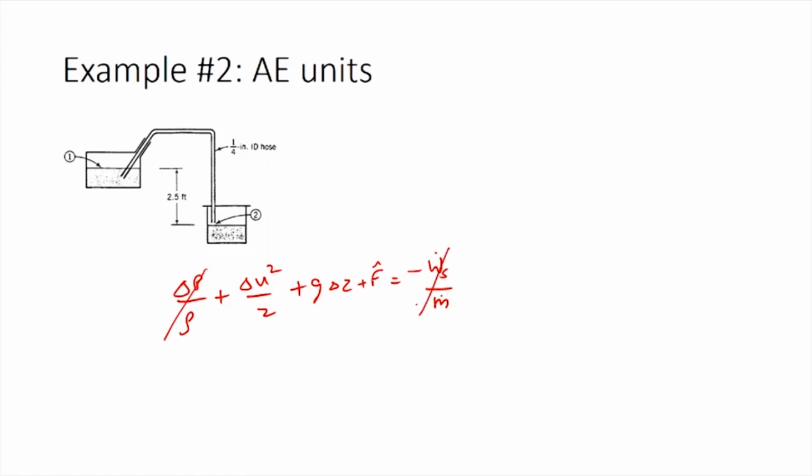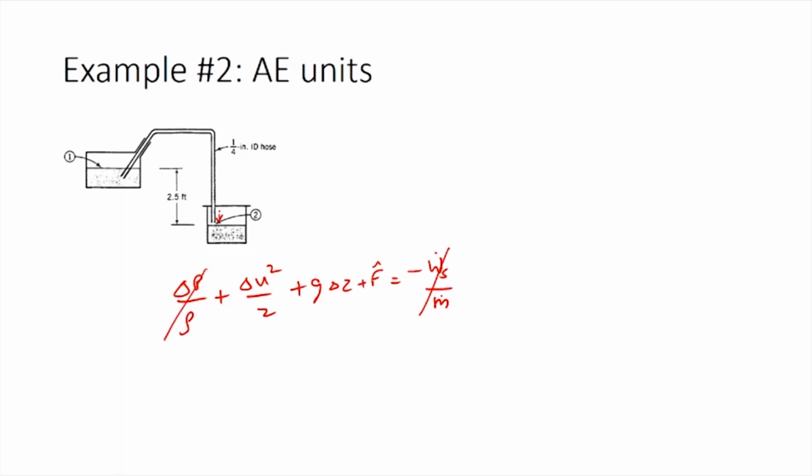We do have a change in height, there is a 2.5 feet change in height, and we also would have a change in velocity, because at point 1 the liquid is stationary inside the tank, and at point 2 you actually have liquid flowing out of the pipe. So, there would be some velocity at point 2, so there is going to be a delta u squared. F cap has also been given.